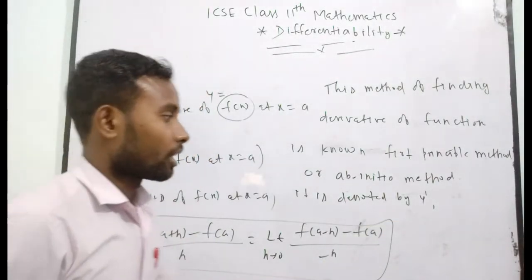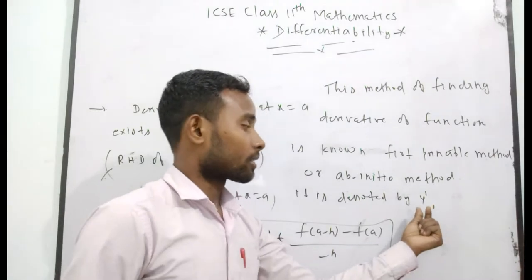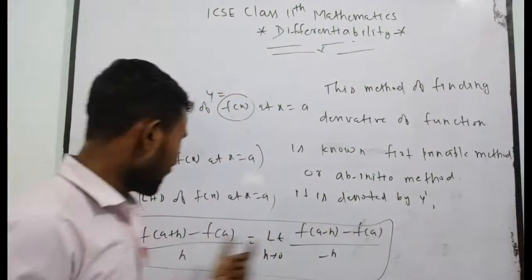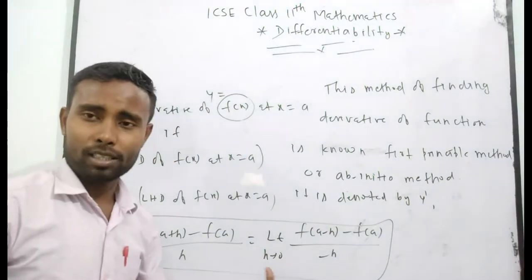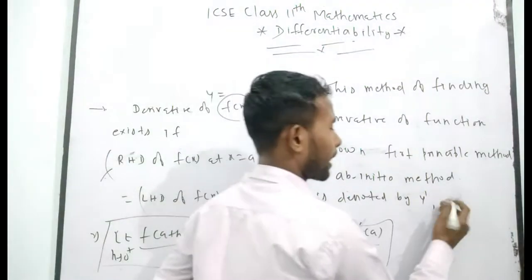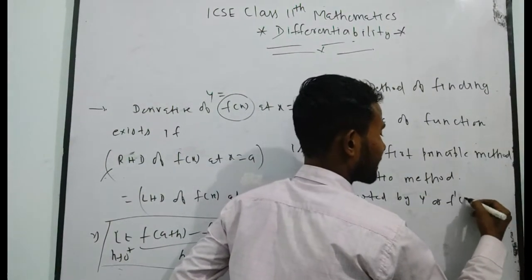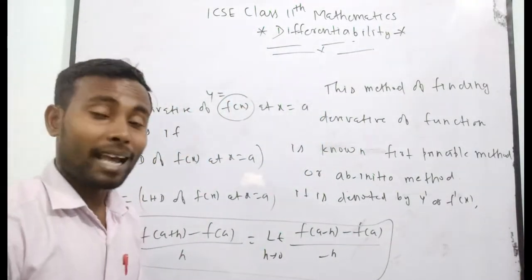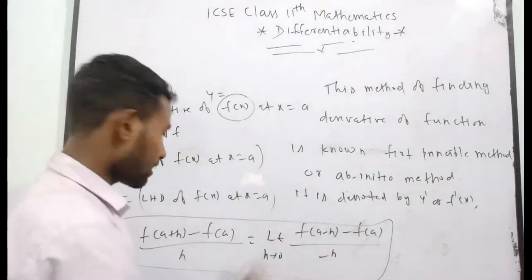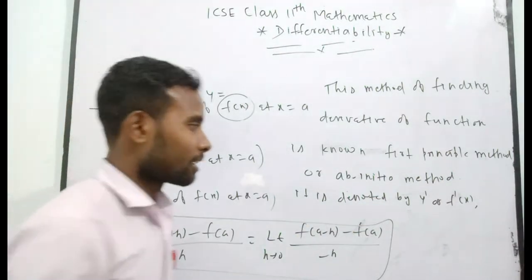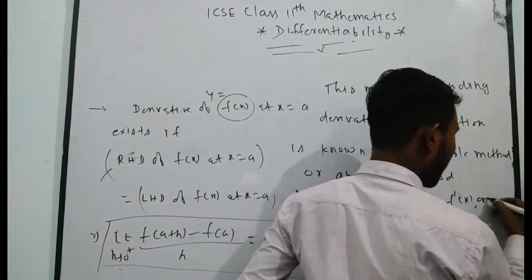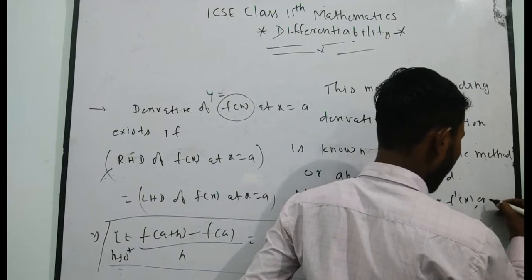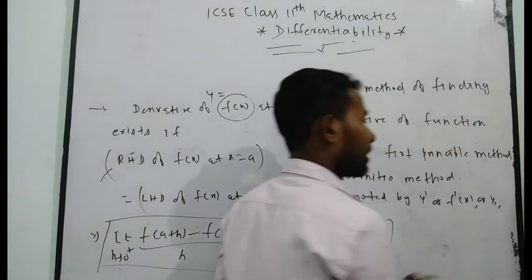If you have to find the value of y dash, you can find it with LHD or RHD. It is also denoted by f dash x. F dash x means the LHD or RHD anyway. It is also denoted by y1.